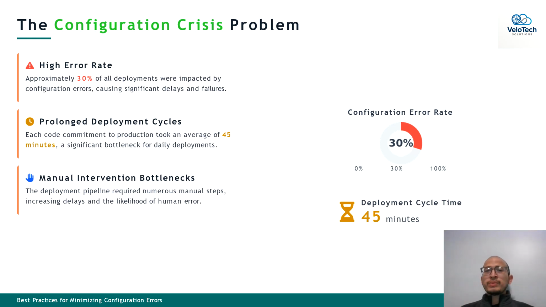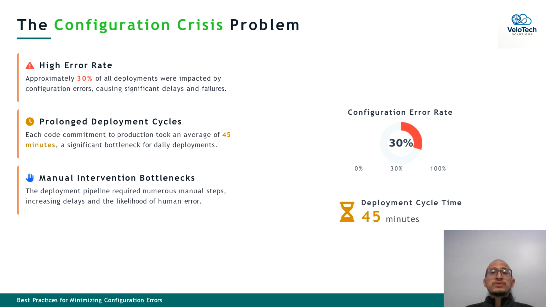Second, the deployment cycles were painfully slow. Each code commitment took an average of 45 minutes to reach production. In today's fast-paced development environment, 45 minutes might not sound terrible, but when you're trying to deploy multiple times a day, this becomes a significant bottleneck that prevents you from being responsive to customer needs. Third, and most critically, their pipeline required numerous manual intervention points.